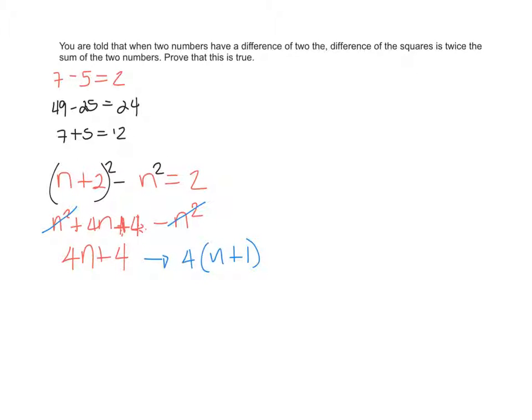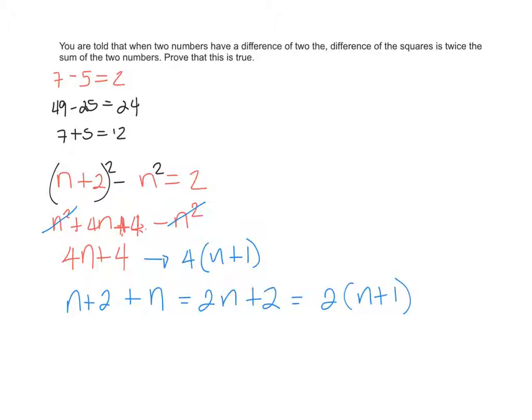Okay. All right, so now that we've established that this is what we're going to get, let's go back to the question. So the question said that once I find the difference of the two squares, it should be double what I would get if I were to add my two numbers together. So these are my two numbers here, which are n plus 2 and n, and if I add them together, I will get 2n plus 2, which, if I factorize this, becomes 2 into n plus 1.